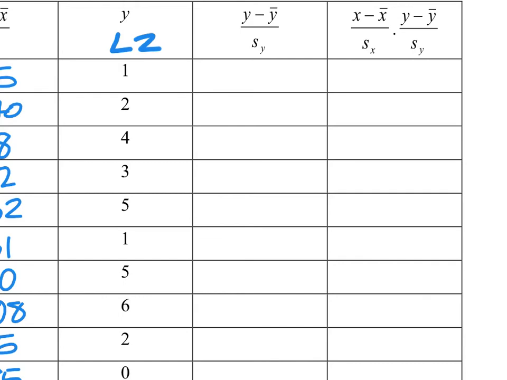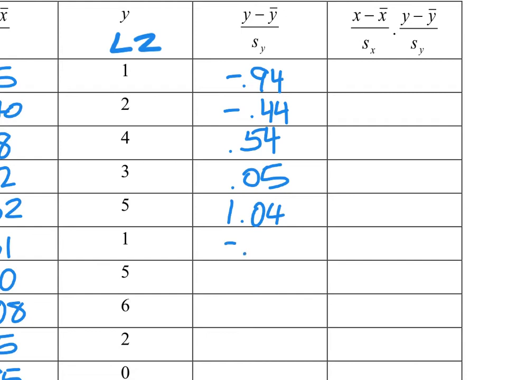So we're talking negative 0.94, negative 0.44, positive 0.54, 0.05, 1.04, negative 0.94, 1.53.